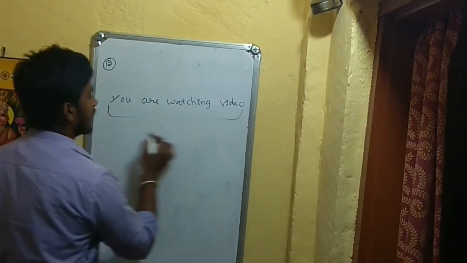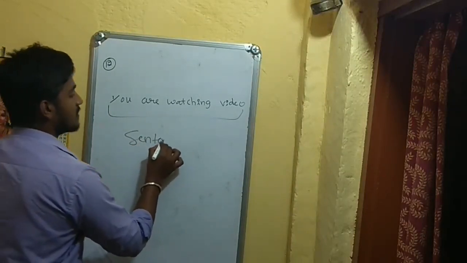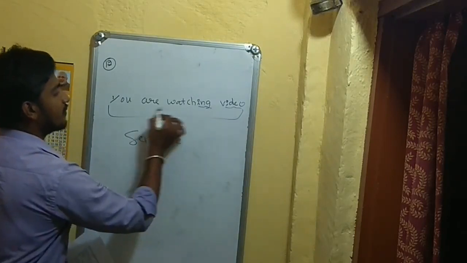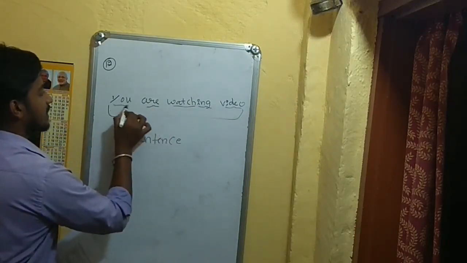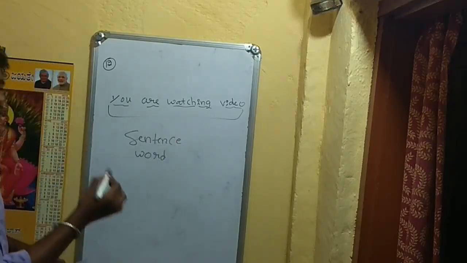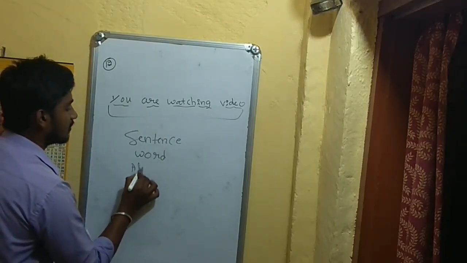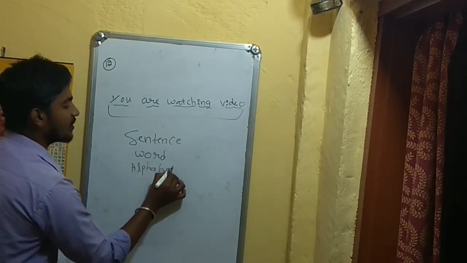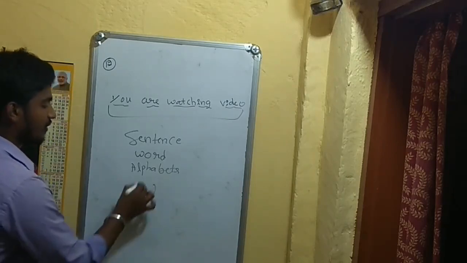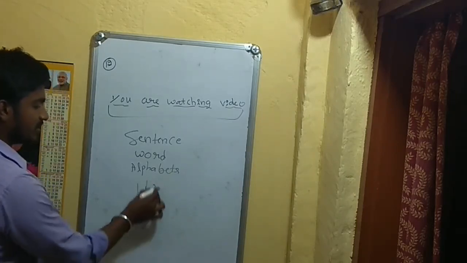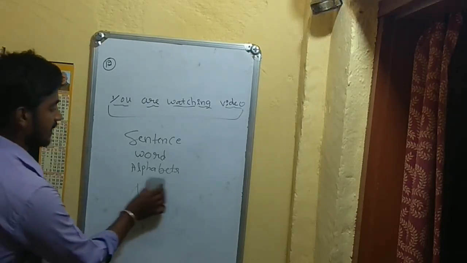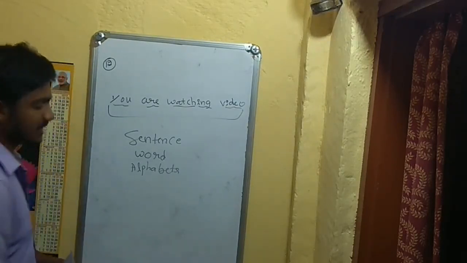The sentence is made up of a group of words. Words are made up of alphabets. Alphabets we can't divide. W, if you divide, it will be V and V. This is the wrong method. Alphabet is the smallest element in the sentence.